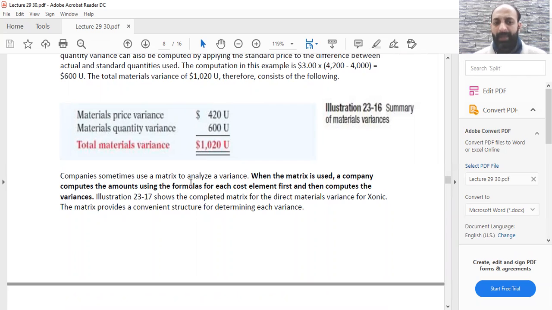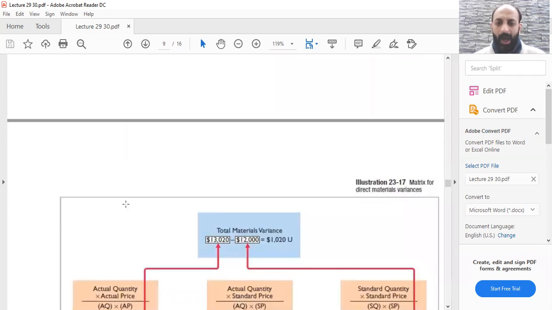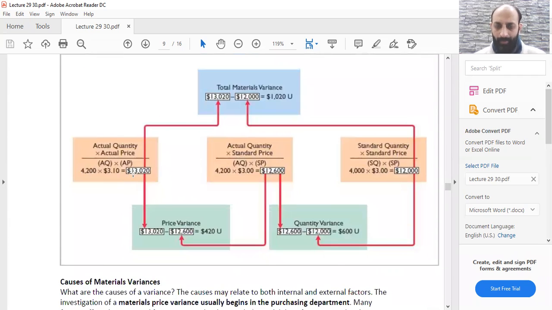Companies sometimes use a matrix to analyze a variance. When a matrix is used, a company computes the amount using the formulas for each element first and then computes the variance. Now, how do you use this matrix? Initially you calculate your price variance and at the same time you calculate your quantity variance.